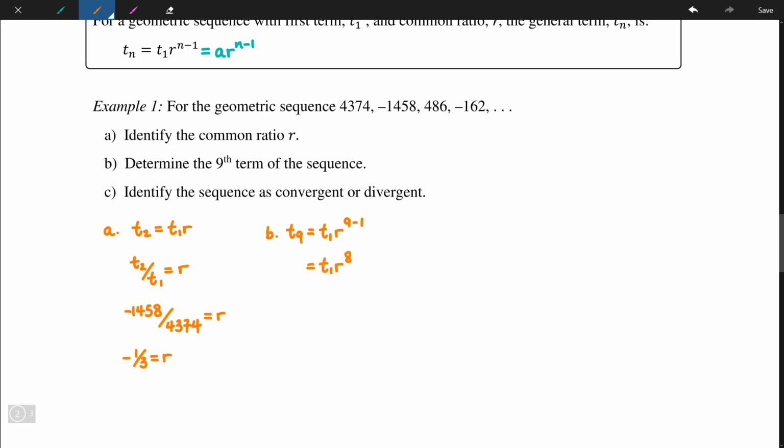All right, so in this case, the first term is 4374, and then negative 1/3 is the common ratio to the 8th power. You can use a calculator to figure this out, and the result would just be 2/3.